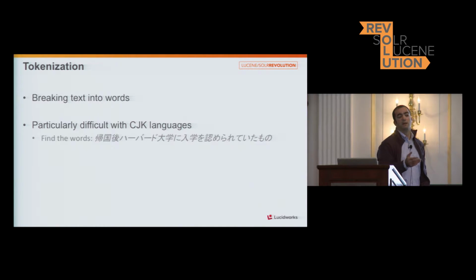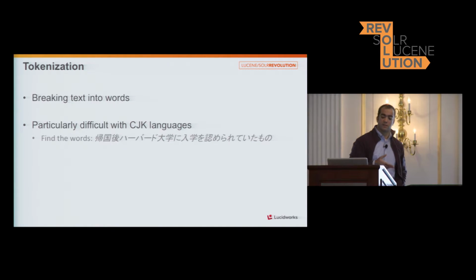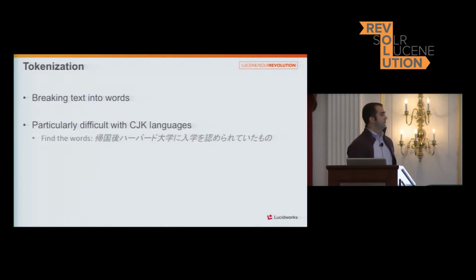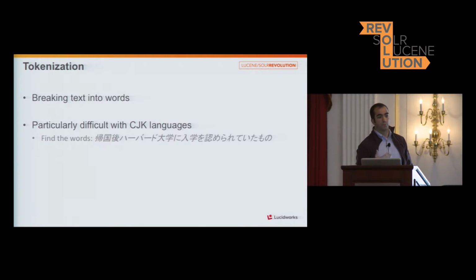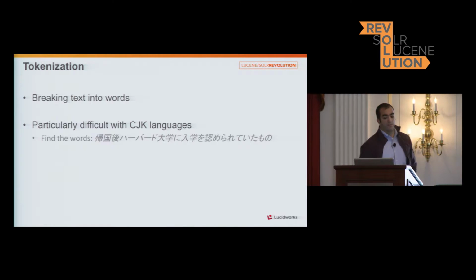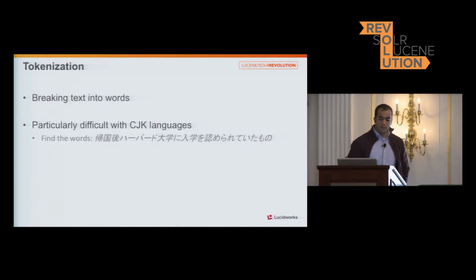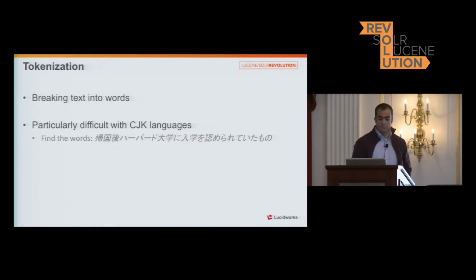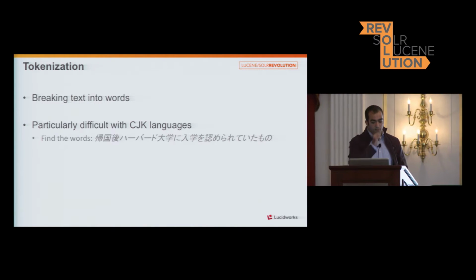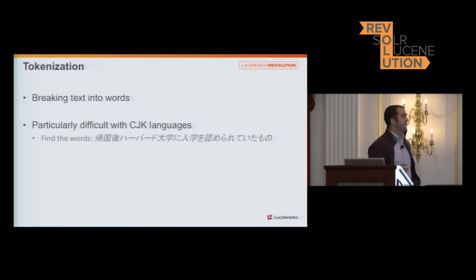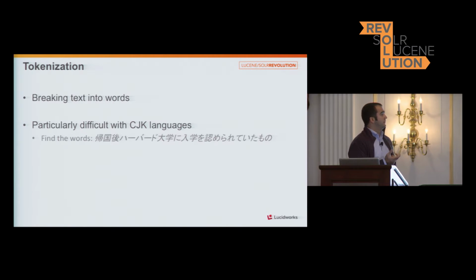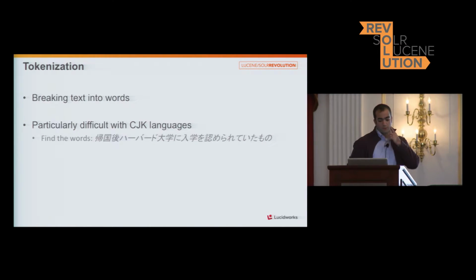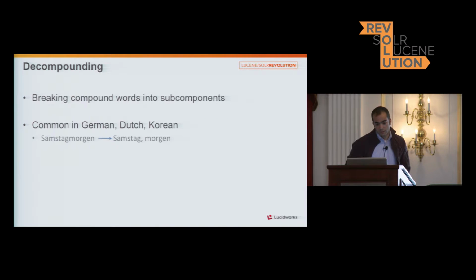Here's a big string, return a list of strings that are the tokens. Anyone with the most basic knowledge of any programming language can just break on white space and do a pretty good job in English. Unfortunately, in other languages, that's not the case. So here's some Japanese. Find the words, right? How does a machine do this? So that's just something to keep in mind here. We'll come back to CJK in a little bit.